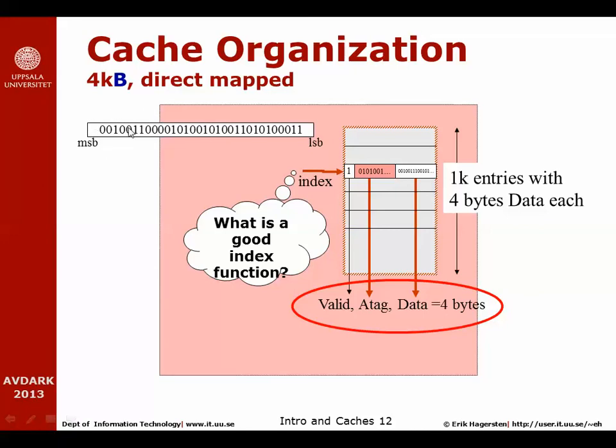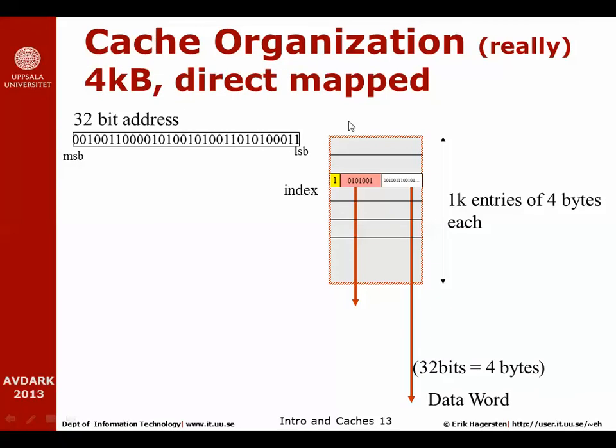For example, if I only have a partly populated memory in my machine, that means that the most significant bits of the address would never change, which means that if I use them as my index function, then I would only use one of the entries in my cache. So we would like to use some of the lower, least significant bits of our address as the index function.